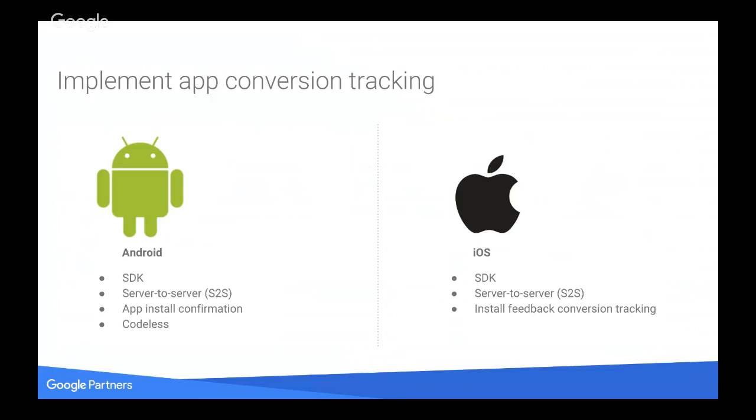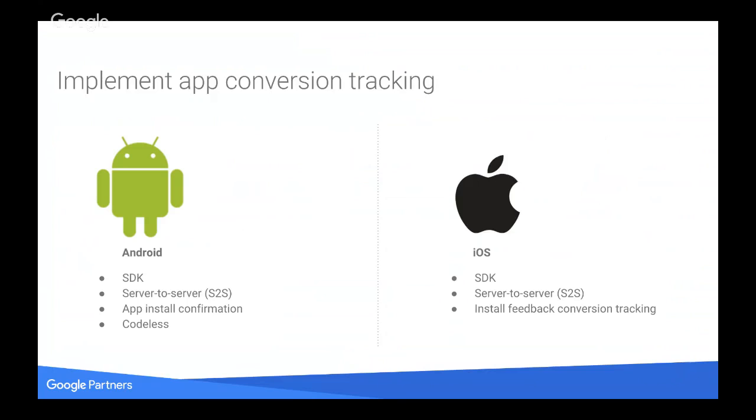Another alternative here would be server-to-server conversion tracking, which lets customers send the required details for the AdWords app conversion tracking from their server to Google's server at the time of the conversion event actually occurring, while an app install confirmation provides the option to use Google's SDK or server-to-server solutions to track Android conversions at the time that you open a particular app.